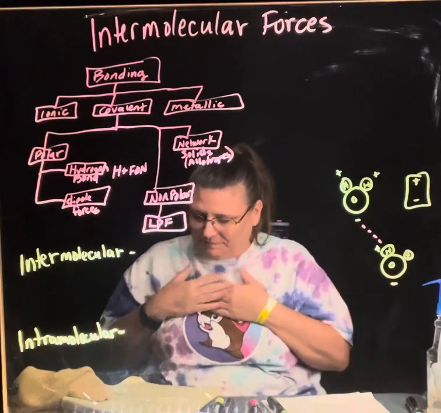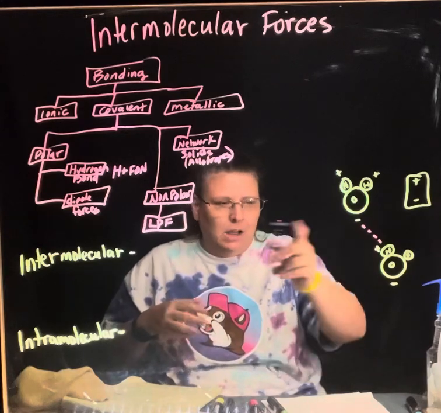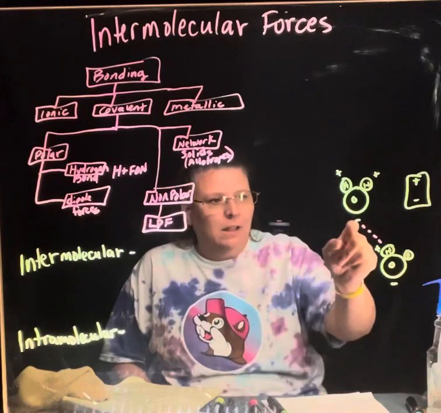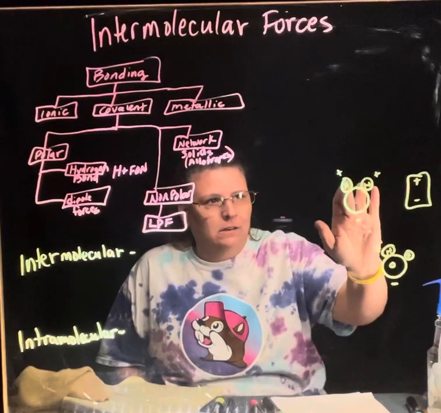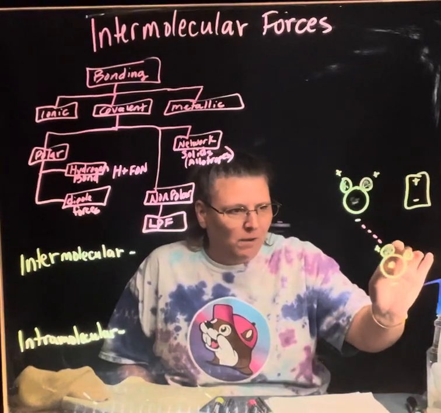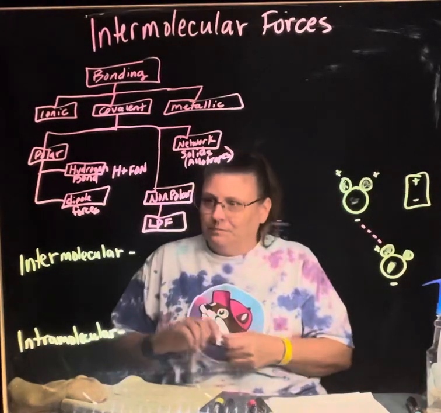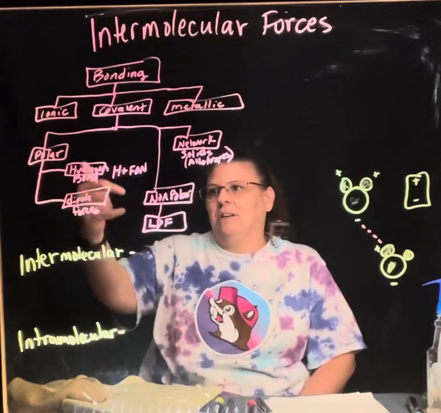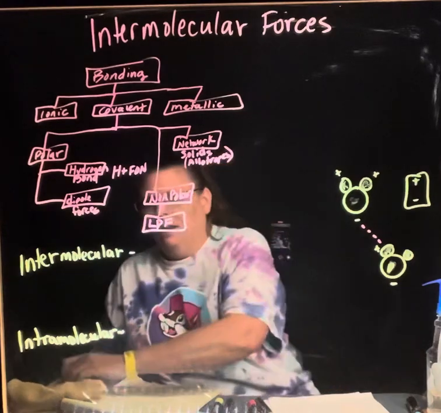So in polar molecules, you'll have a certain type of interaction, and that's where the force is. I'm going to go ahead and get rid of this because in actuality this is a polar molecule, but there's something else I'm going to put there instead. Okay, so then you have hydrogen bonds. Hydrogen bonds, we'll talk about some more too, where the polar molecules can make hydrogen bonds or dipole forces.